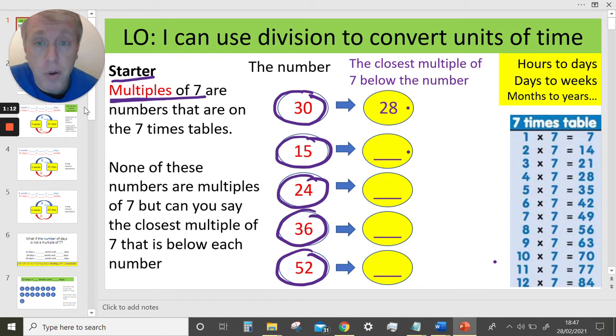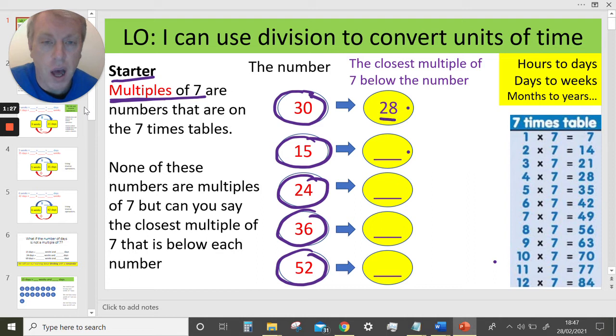So for example, here I've written 30, that's the number. I've got to write in the closest multiple of 7 to 30 but which is below 30.